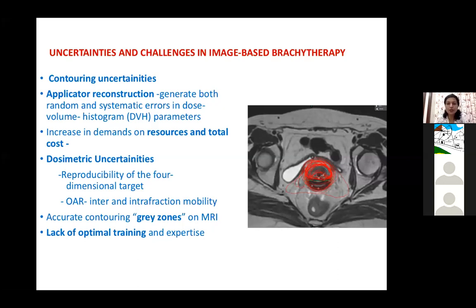And there could also be discrepancies in contouring of the gray zones on MRI. And this requires optimal training and expertise. There is a learning curve. One has to do at least 20 to 25 MRI guided brachytherapies to implement that concept on various other modalities and to get it right in accordance with the GEC-ESTRO or the ICRU 89 concept.